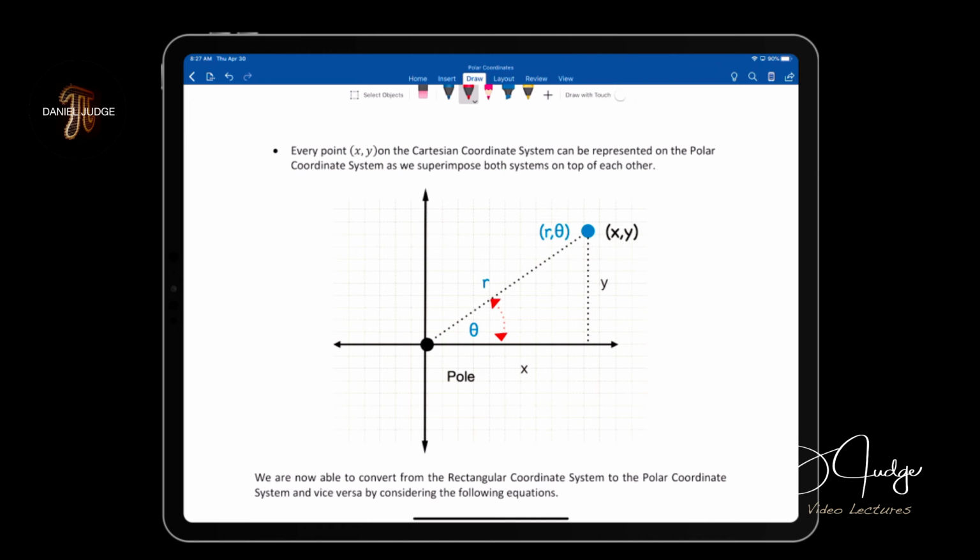Now that you guys know how to plot a few points, here's what I'm saying to you: the location r, theta, if I put my polar axis along the positive x coordinate axis, this is also thought of as being the x-axis.